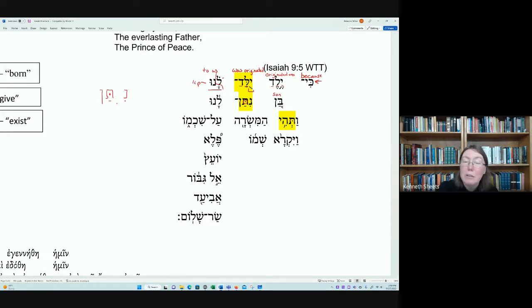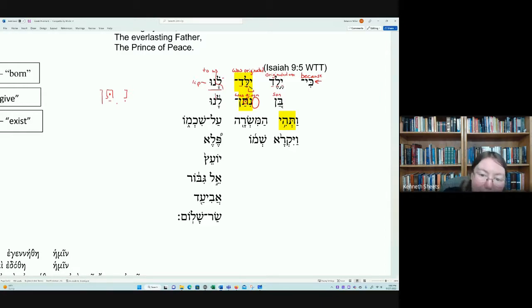Nathan is the verb to give, but it's passive. And it's also, as you can see, not an imperfect preformative here. This is perfect. So thus, was given. So a son was given. Still perfect aspect, indicating this is done.